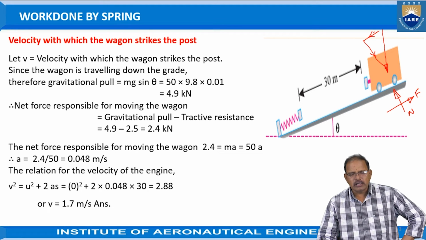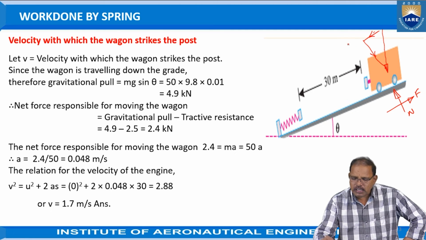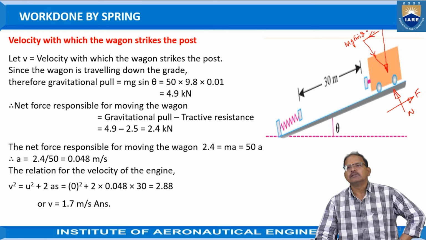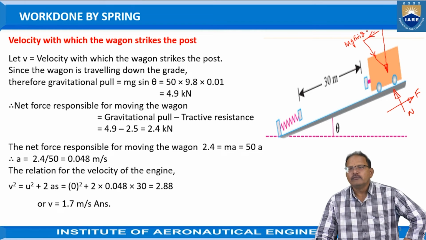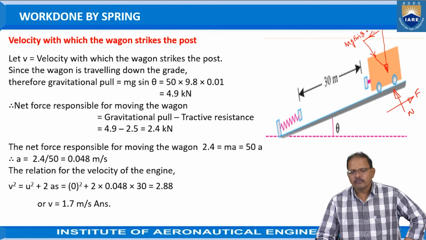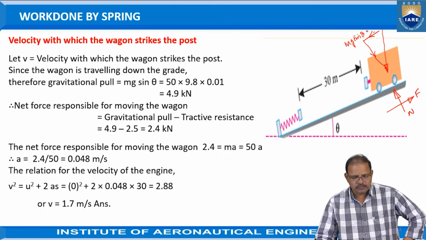Since the wagon is traveling downward, mg sin theta, the component of weight W parallel to the inclined plane, is called the sliding force. It pulls the wagon to move in the downward direction.